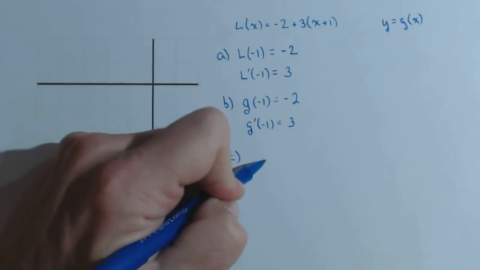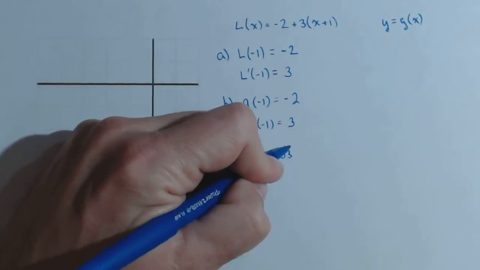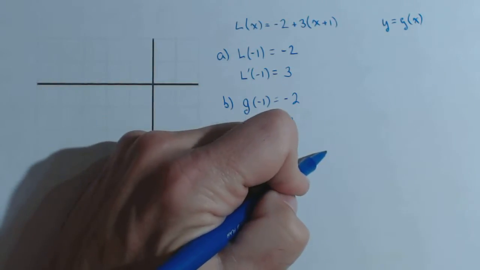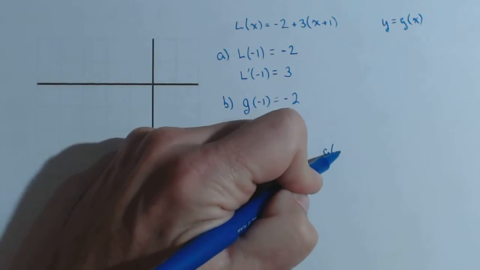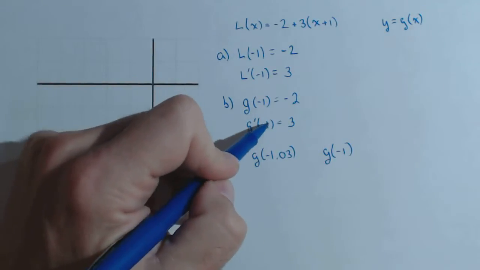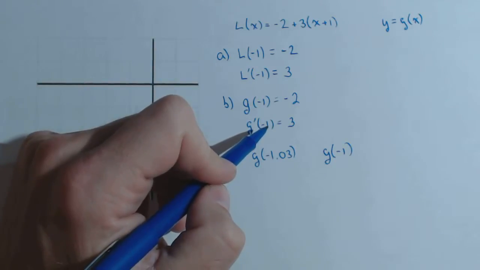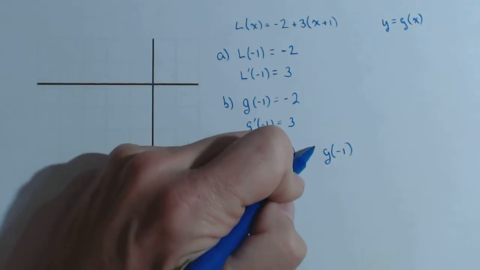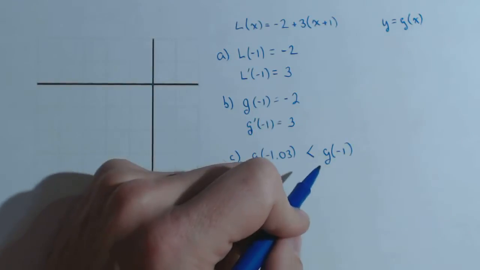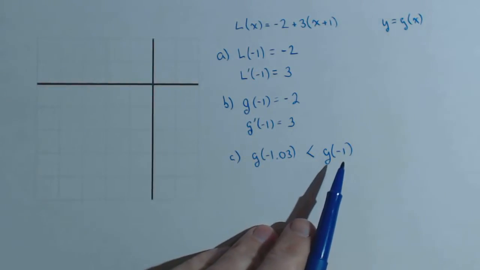Now part C, they ask us about g of -1.03, and we want to know if it's going to be bigger or smaller than g of -1. Well, notice that at -1, we're told that g has a slope of 3. That means at -1, g is an increasing function. So, because g is increasing, as the inputs go up, the outputs should go up.